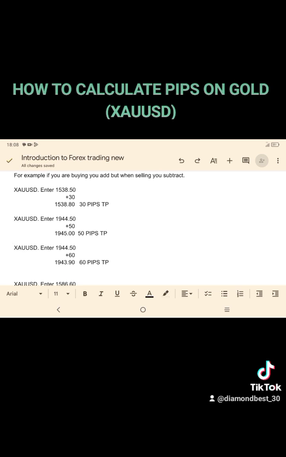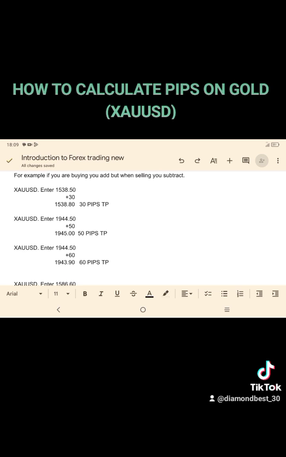We are buying this market. Where are we putting our 30? We are putting our 30 after the point when we have already gotten our 4 decimal points. So we are putting our 30 after the point, under the 50, which will give us what? 1538.80. That is our TP.